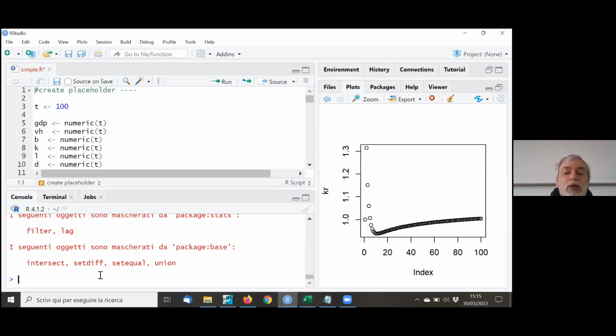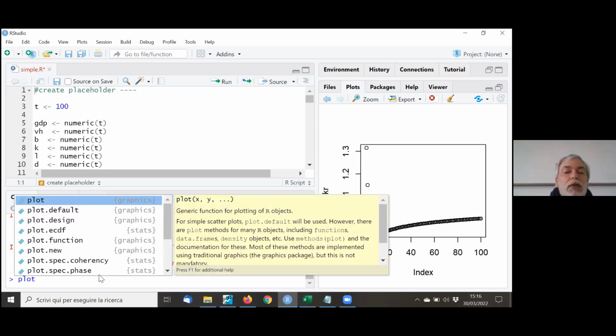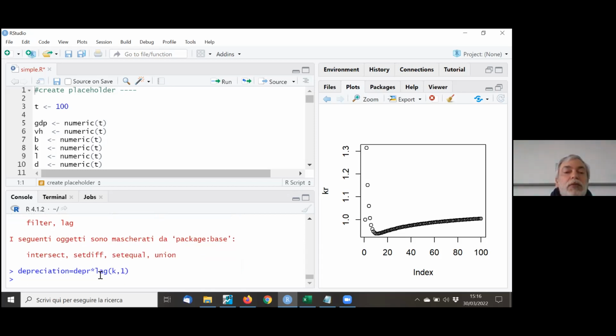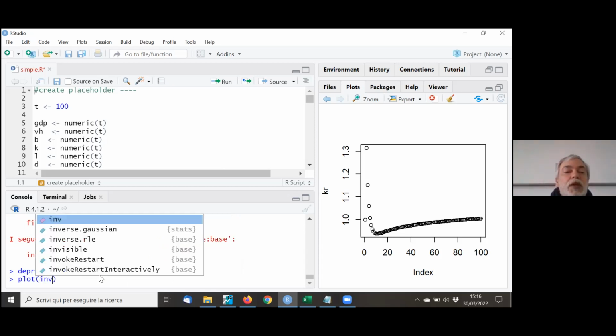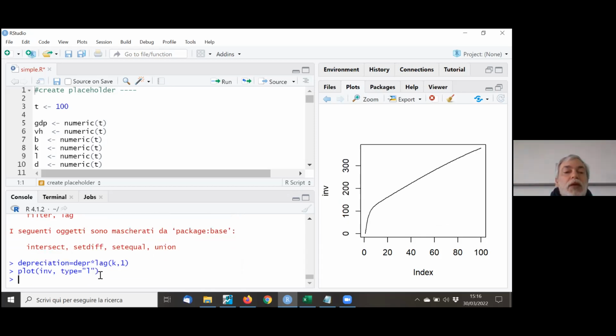So I wanted to define depreciation as the depreciation rate times the lag of capital. Yes, try lag K 1. Okay, so now I can plot investment and then add depreciation.